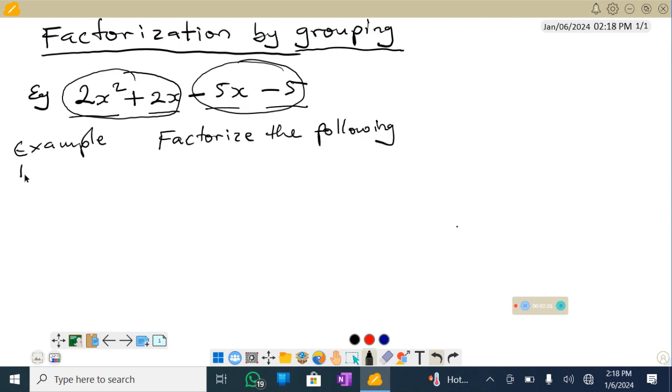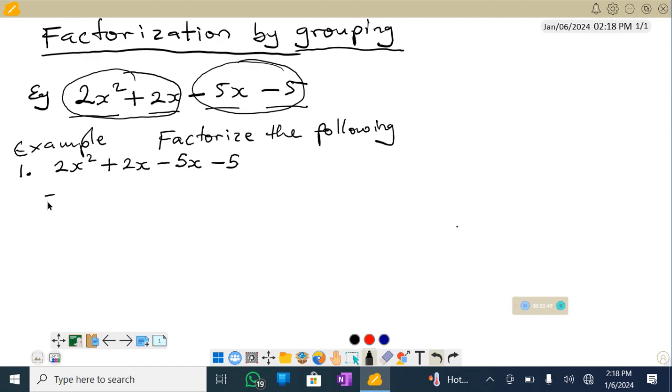So our number one example, let's solve the one above: 2x squared plus 2x minus 5x minus 5. So we need to group this into two. So we can group this and this together.